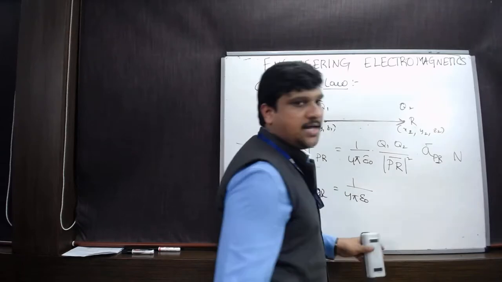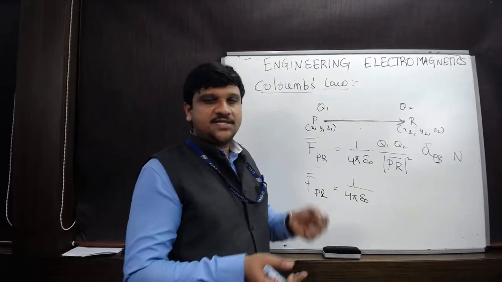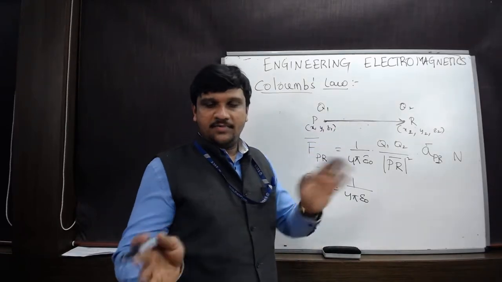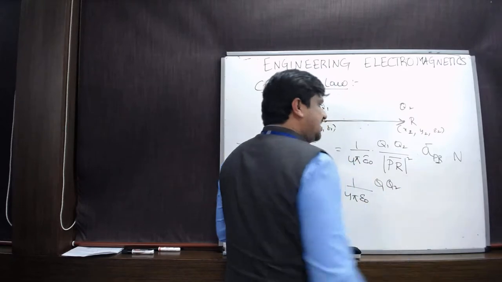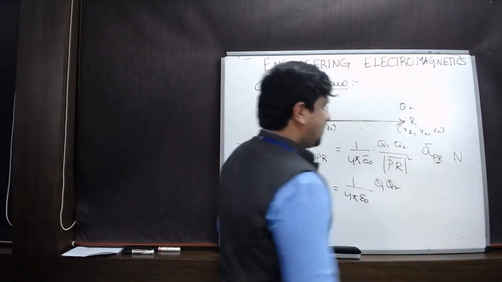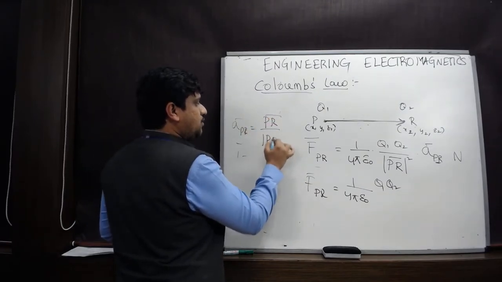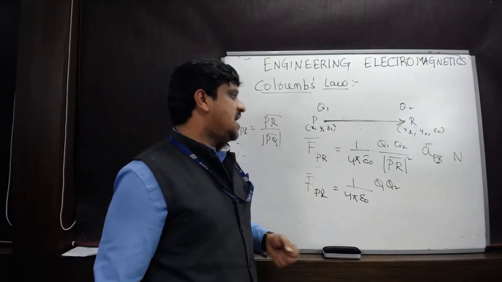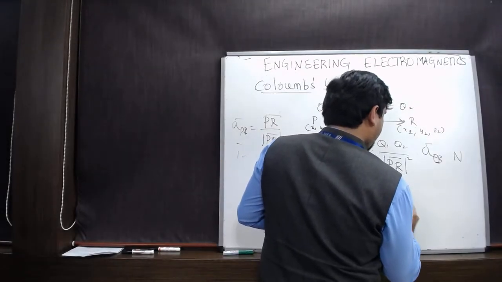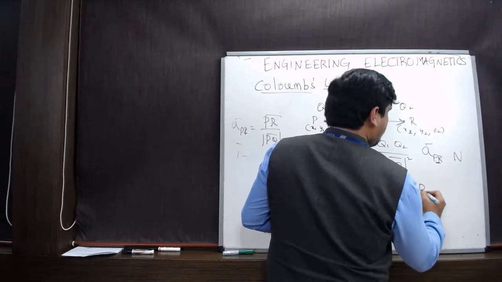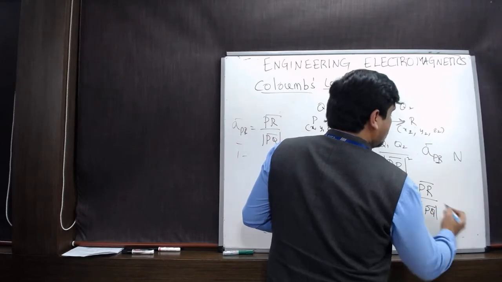I said very clearly epsilon naught is nothing but the absolute permittivity of free space, because we are considering the two charges Q1 and Q2 in free space, so Q1 as it is, Q2, and we already discussed this unit vector. We already discussed that the unit vector APR is equal to the actual vector divided by the magnitude. This is the formula we just discussed. I just replace this with this equation, so it will become PR bar whole square into the actual vector between the 2 points divided by the magnitude, in newtons.